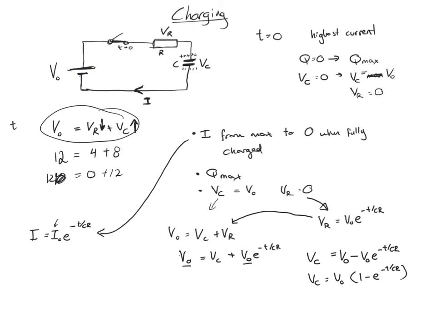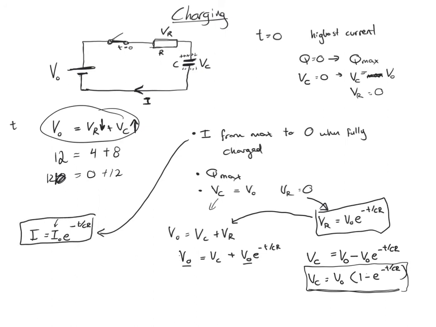Expand the brackets, you get the same thing, V0 minus V0 e to the minus t over CR. So now we have the expression for the potential difference across the capacitor, the potential difference across the resistor, and the charge across the capacitor.